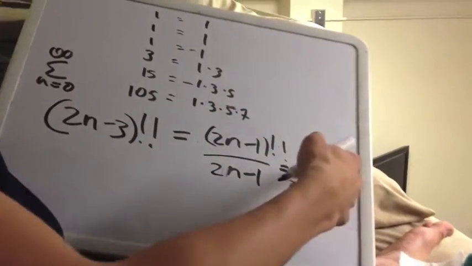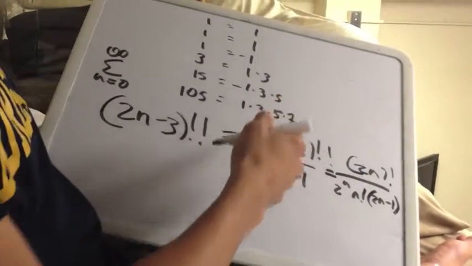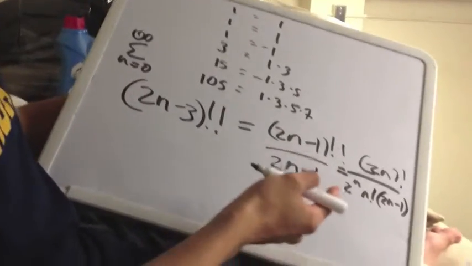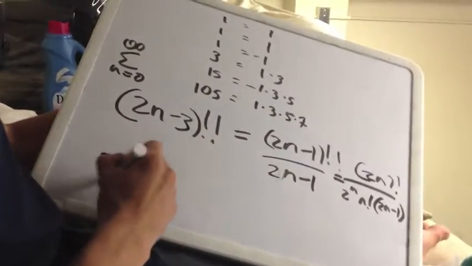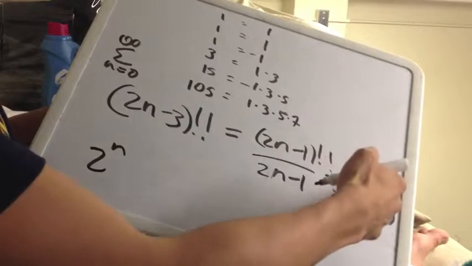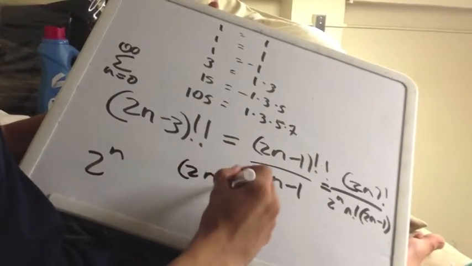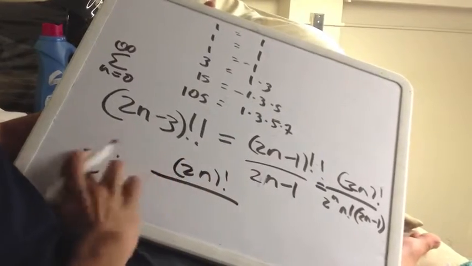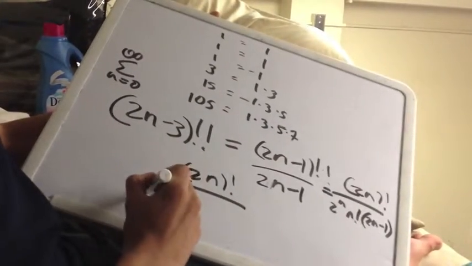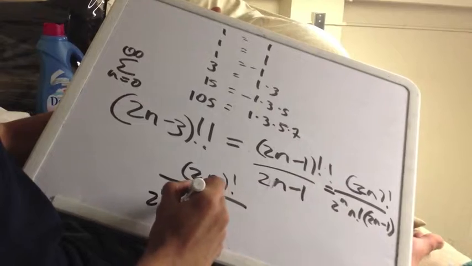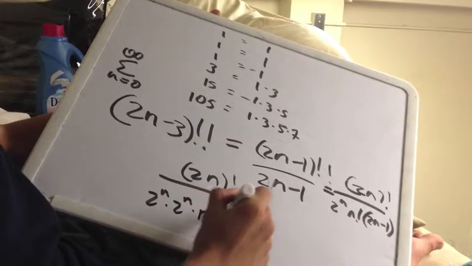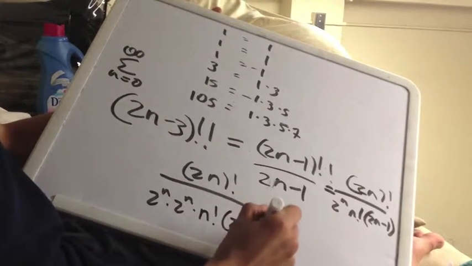And this term describes our numerator. I previously said that the denominator is 2 to the n. So when we divide this by 2 to the n, we get (2n)! all over 2 to the n times 2 to the n times n factorial times (2n minus 1).